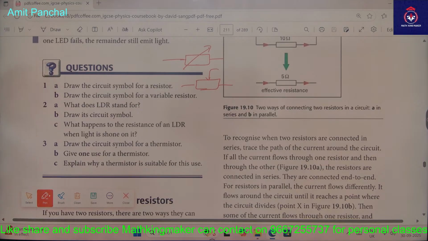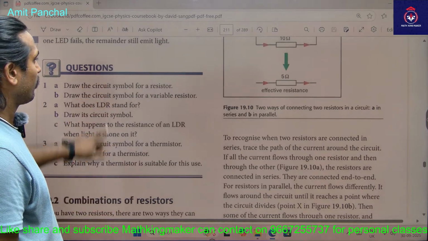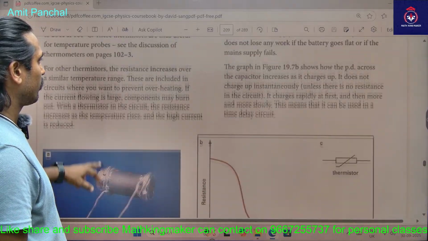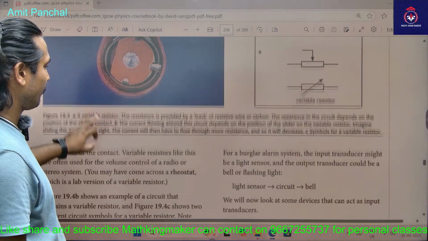What does LDR stand for? Yeah, it's a type of resistor, right? Type of variable resistor. It's light. I forgot. Light displaying resistor, something like that.